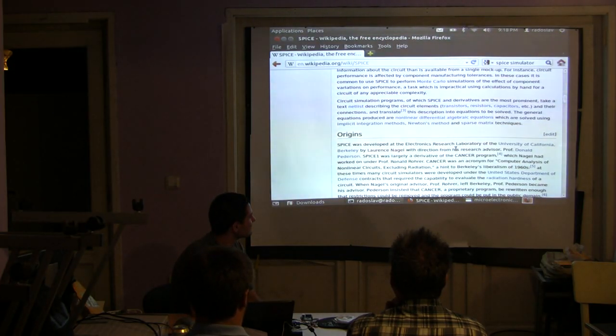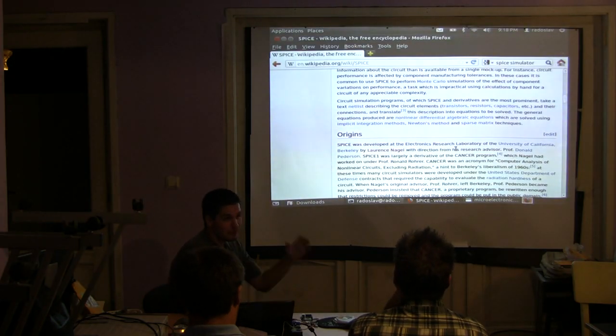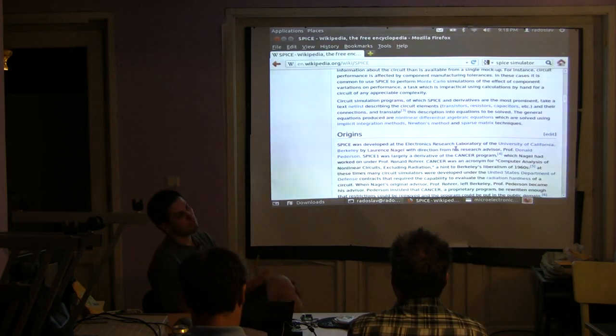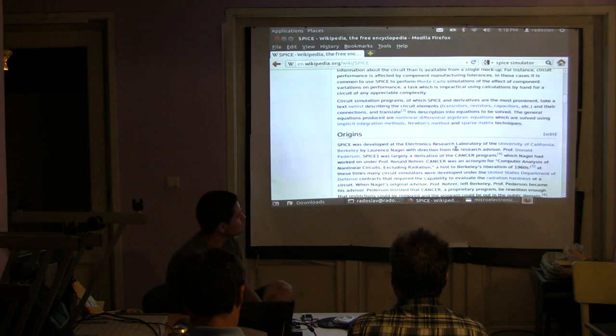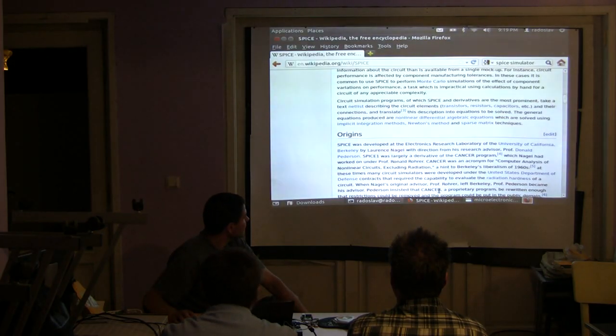There are some RF parameters at the end. So with these parameters you can optimize your circuit to work with different conditions and with different performance. So we will see this.